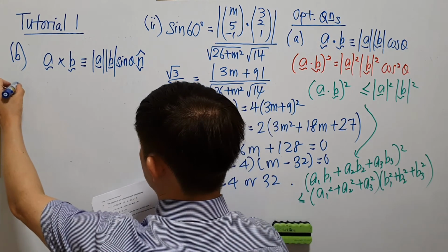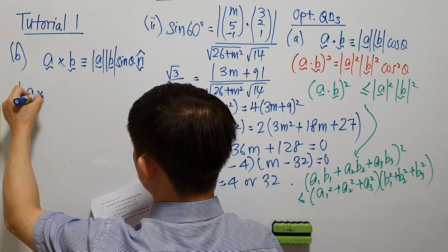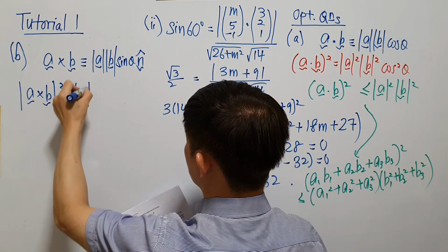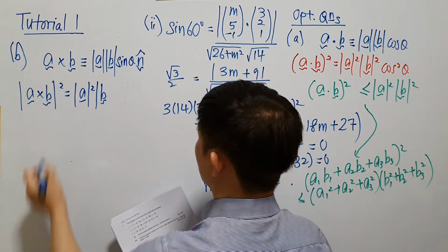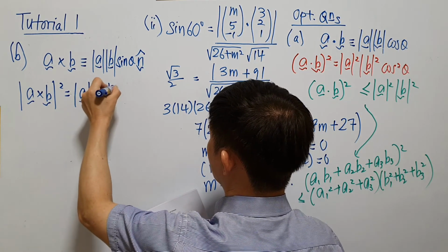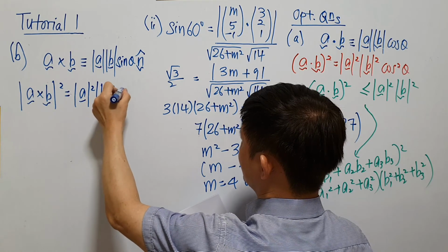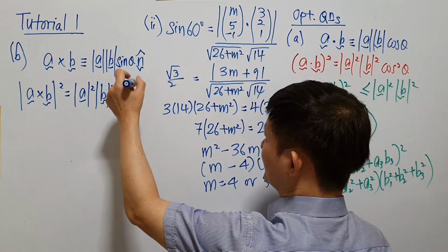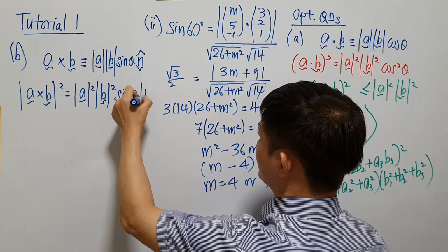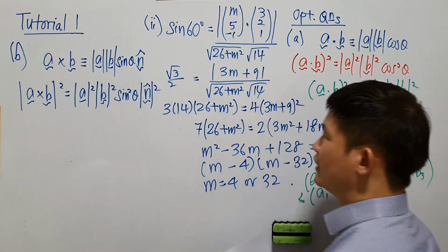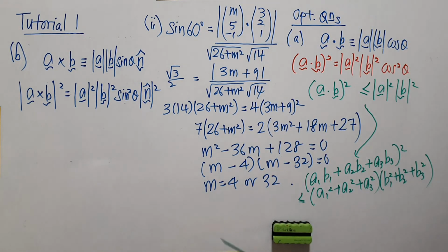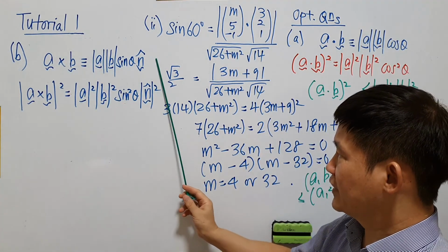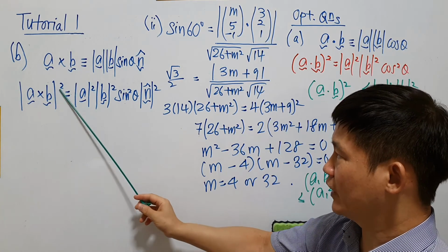This gives you modulus of A cross B square equals, okay, I'm going to get sine square theta, and then this one will become magnitude square. Okay, so say once more. After having this line, you actually take the magnitude of both sides first, and then you square it.